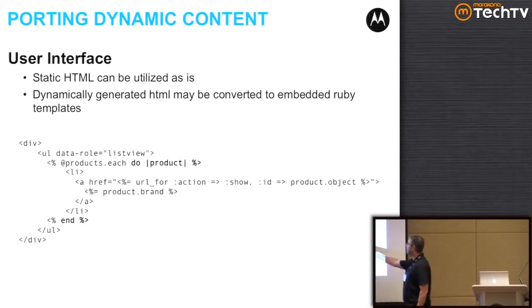Right? Here's an example of one of our embedded Ruby templates. You can see that for the most part, it's just straight HTML. There's a little bit of embedded Ruby script, and typically what it's there for is to do things like loop through data sets and pull data out of variables. And we also have a couple of examples of helpers.